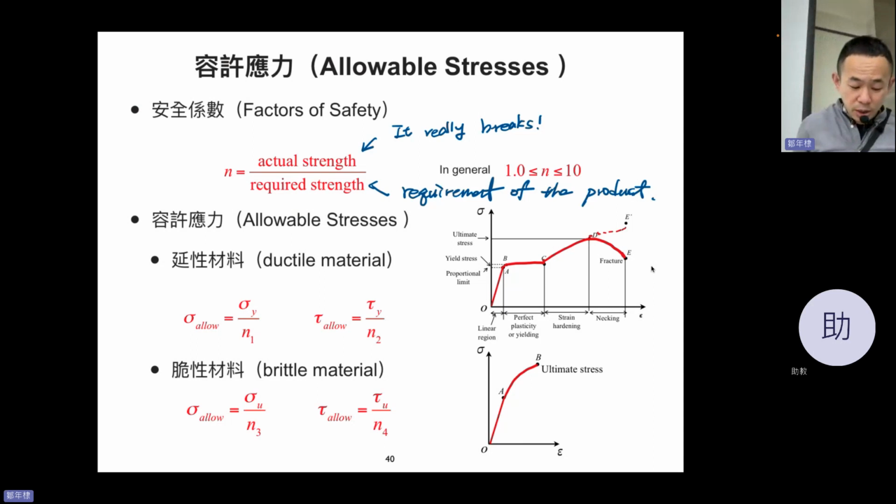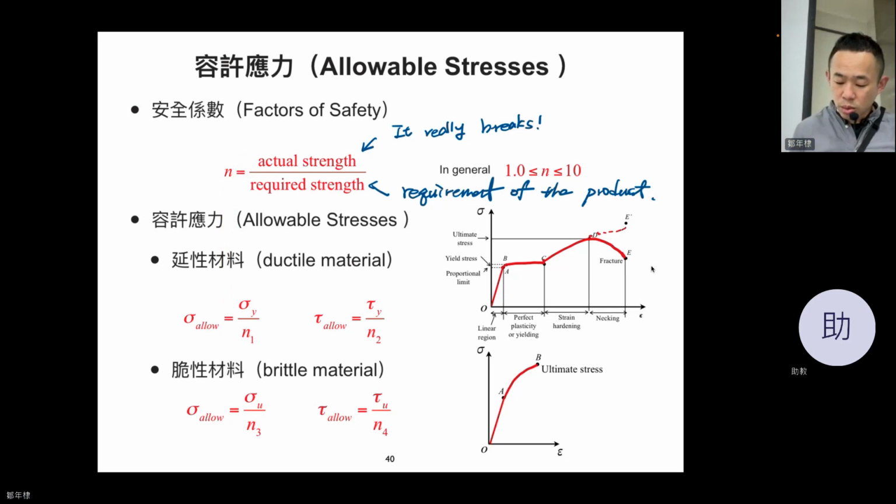Allowable stresses. For metal, a ductile material, it's easy. Just sigma y and tau y divided by n. The n here is the safety factor, right?